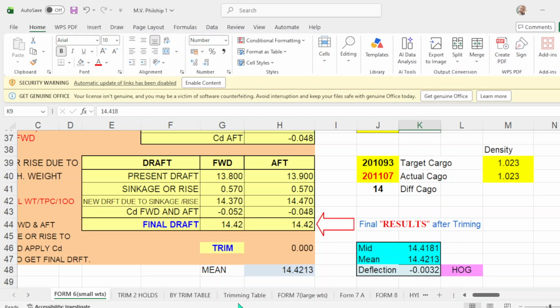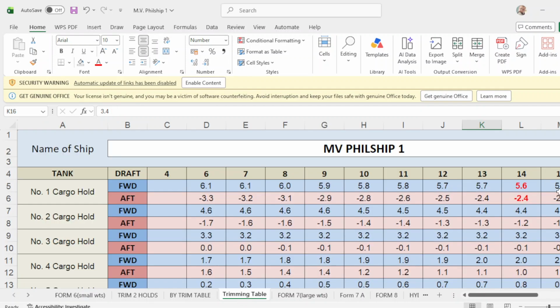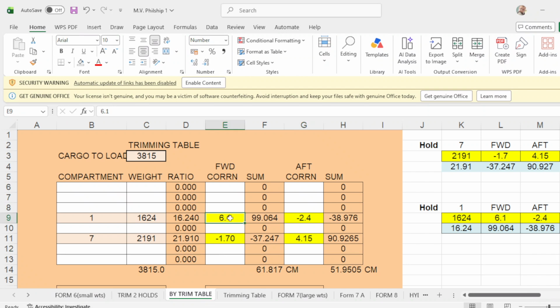At the trimming table you have 15, but I use this, nearest to 14 meters than 15, so we use 14 meters. And cargo number 1 forward correction is 5.6.